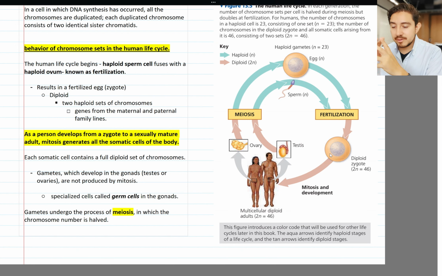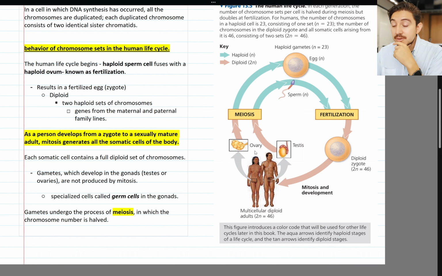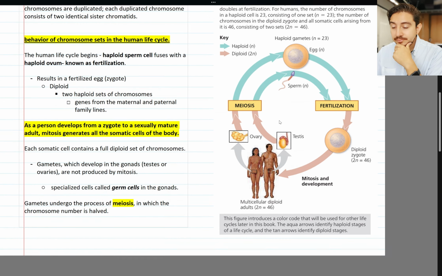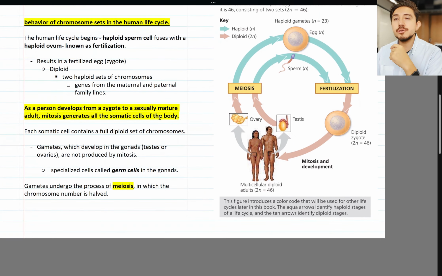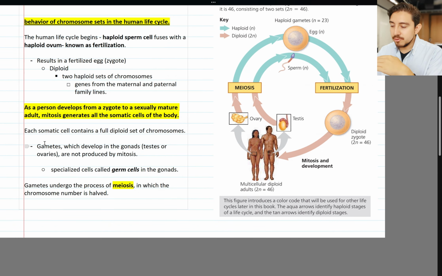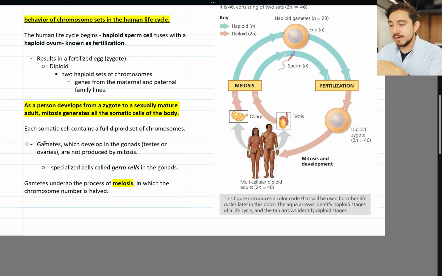It's born, becomes an adult, and then you get sexual reproduction. Again, you're producing sex cells to undergo sexual reproduction, and then the process begins again. So you have meiosis and fertilization, meiosis, fertilization. You're bouncing between these two forms of chromosome number, which is ultimately the family line of generations.